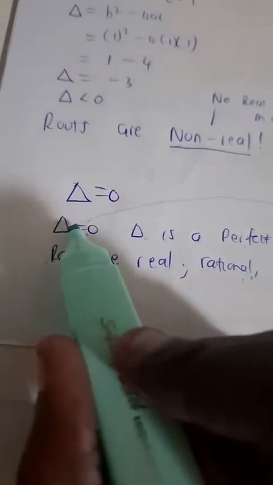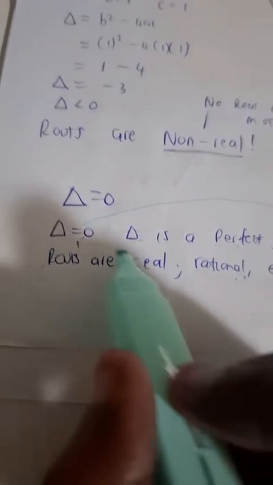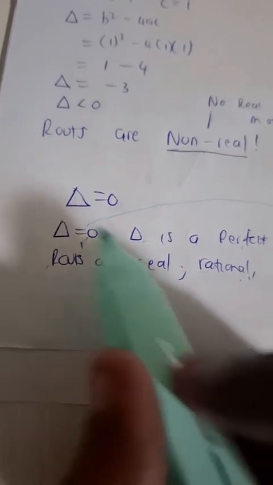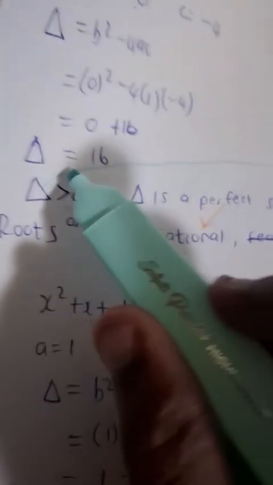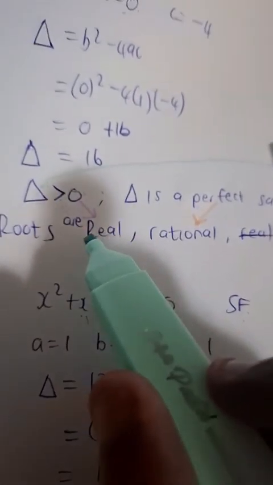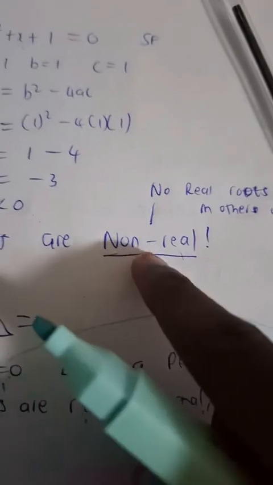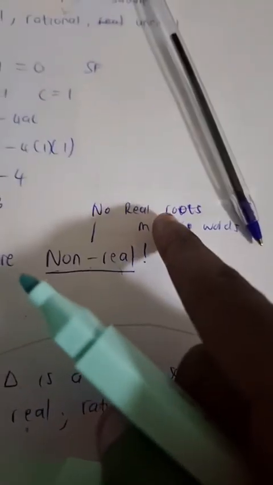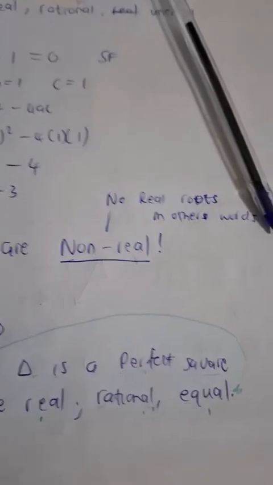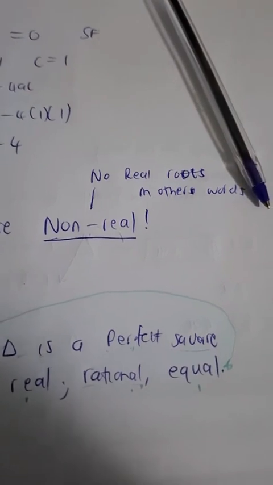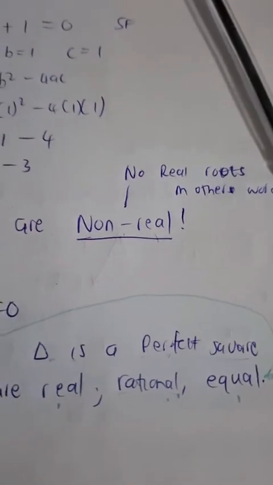And then of course, if delta is equal to 0, the roots are still real, just like if delta is greater than 0, the roots are also real. But when delta is less than 0, then obviously the roots are non-real, full stop, because there are no real roots that actually exist. Okay?